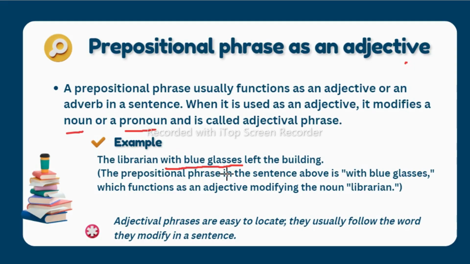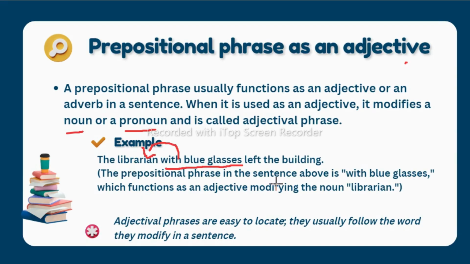Now you have to see which type it is, either adjectival or adverbial. If this prepositional phrase modifies a noun or pronoun, then it's called an adjectival prepositional phrase. So here, with blue glasses, who with blue glasses? The librarian. So here it is describing the librarian, and librarian is a noun. So that's why it's an adjectival prepositional phrase.